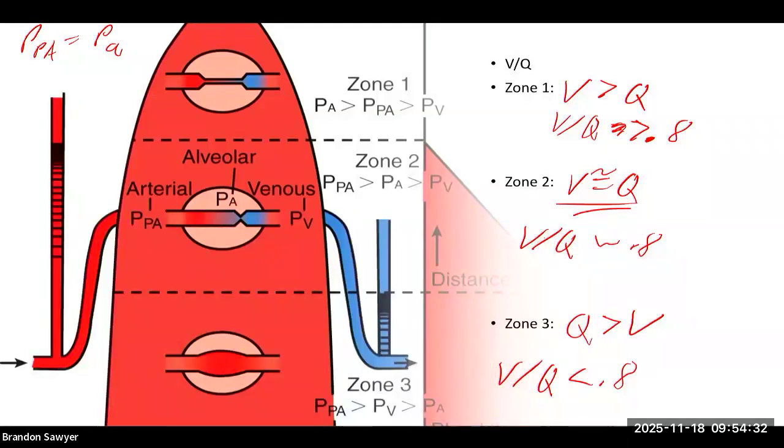Because we're sending in high pressure flow. And so the point at which these capillaries get smashed down is less, right? It's going to be higher up because we're sending in more blood, because our heart is pumping harder, right? So we're able to create more pressure over here and push that blood up higher, right? So that's one thing to think about.